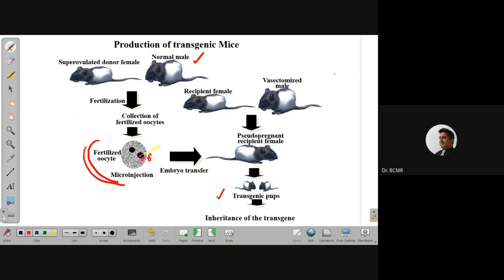Then there is also preparation for the foster mother, or the surrogate mother. The recipient female, okay, this is the surrogate mother, is allowed to mate with a vasectomized male.